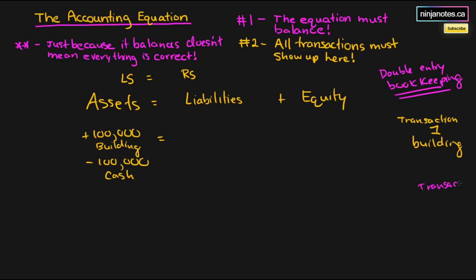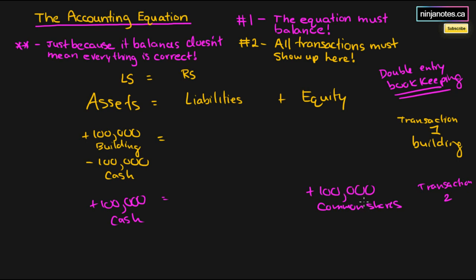Transaction 2. Let's say that we issue common shares. So if we're issuing common shares, we're receiving, let's say, $100,000 of cash, and we're increasing our equity by 100,000. And you might have an issue with this because you're like, okay, $100,000 of cash we're receiving, but how is it fair that our equity is also increasing by 100,000?